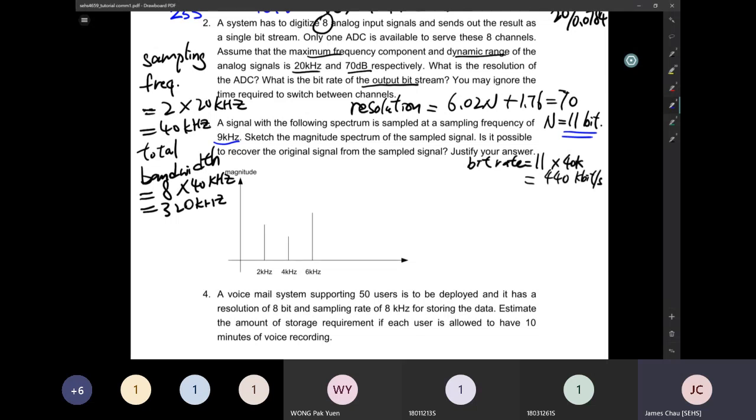Now for question 3, we have 3 samples: 2 kHz, 4 kHz, 6 kHz.